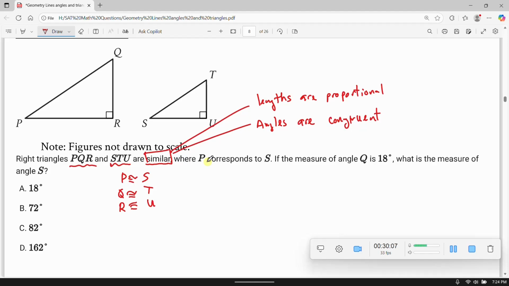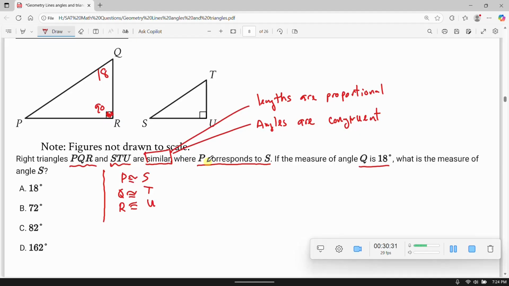So based on the order of the letters, we have these triangles similar. So here they say P corresponds to S. And if Q is 18, so this is 18, we know this is 90 because of this square box.